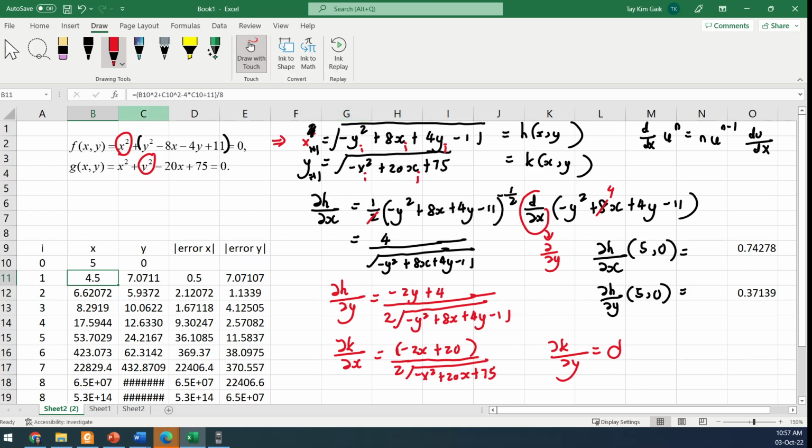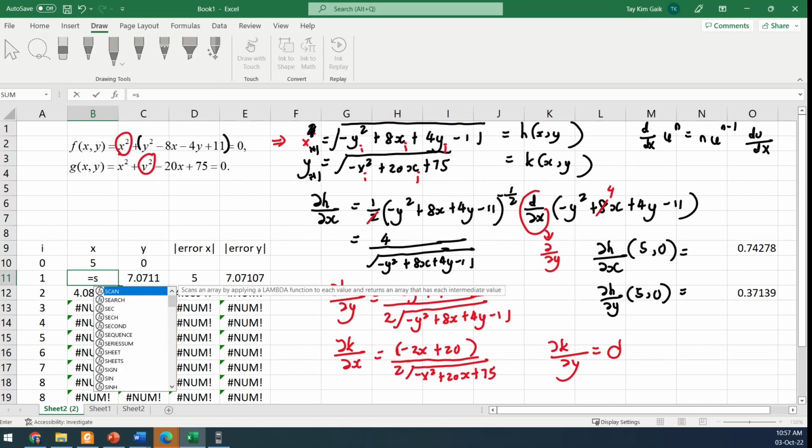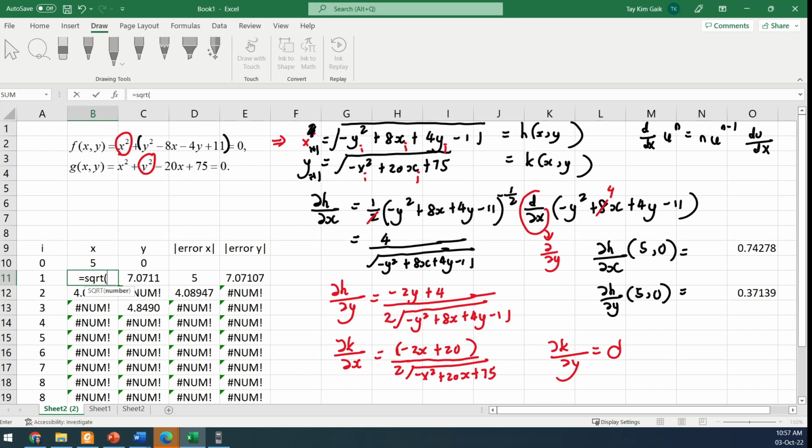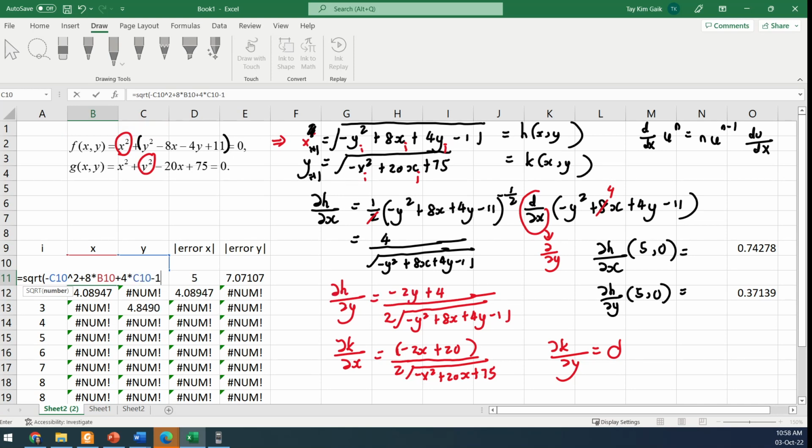So with x naught, y naught, you calculate x number 1, y number 1. The x formula is square root, SQRT, negative y naught squared, so click y naught power 2, plus 8 times x naught. Sometimes you hide it, then you type x naught column B, B10, plus 8 times y naught C10, minus 11.